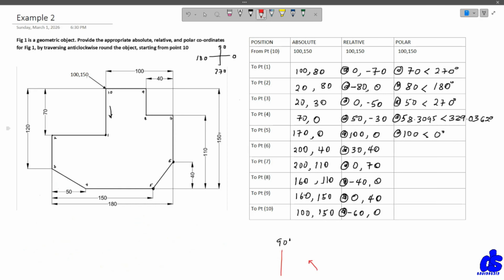Let's assume here to be our theta 2. We have this magnitude we want to find, which is x.